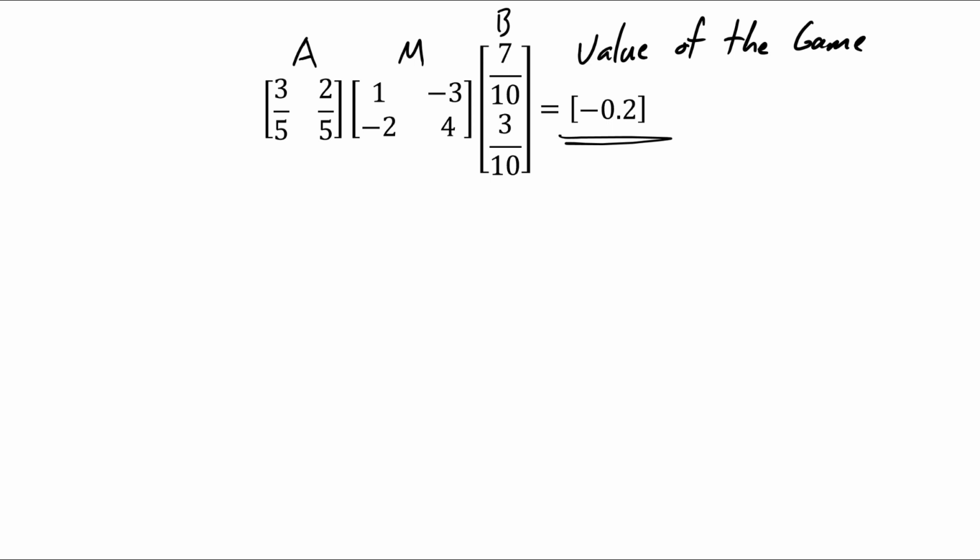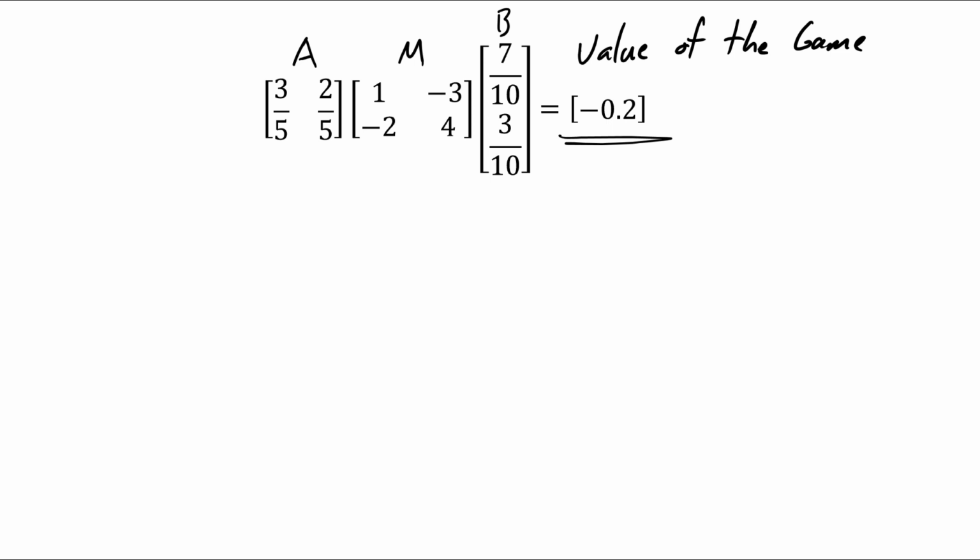And it is an expected value. That is the expected value or expected outcome of this game. So what that means, since it's a negative value, remember that the numbers are always in terms of player A. So a negative number means that player A is losing money.